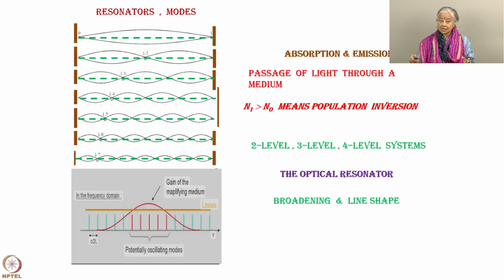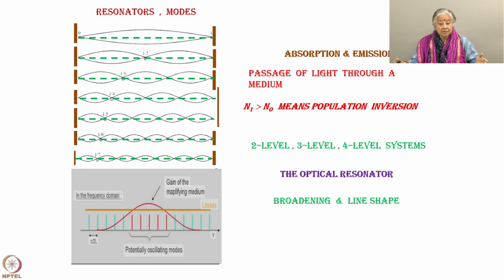Now, the last part of making a laser. We have studied the absorption and emission process in a lasing medium. We have studied the passage of light through a medium. We have studied what is population inversion and how population inversion is important for lasing action.